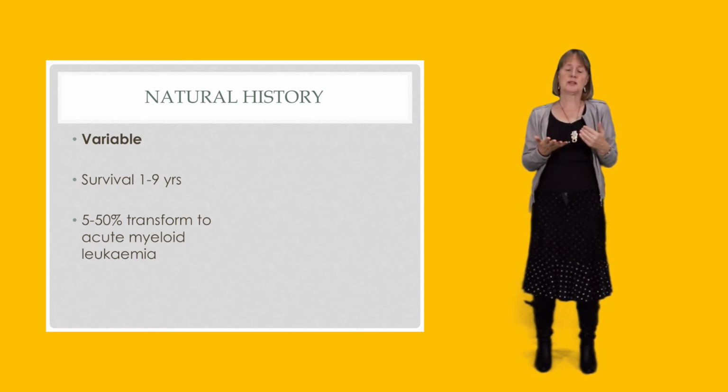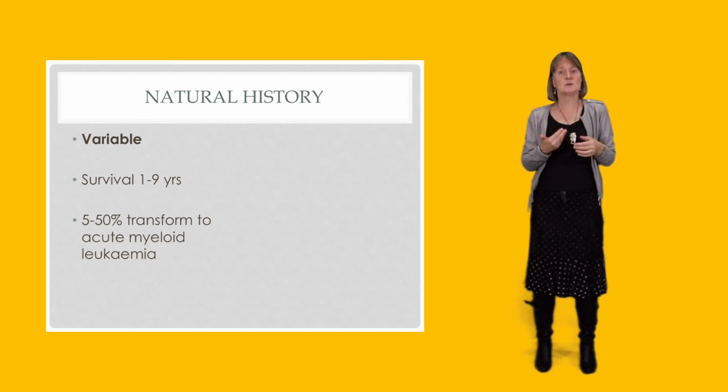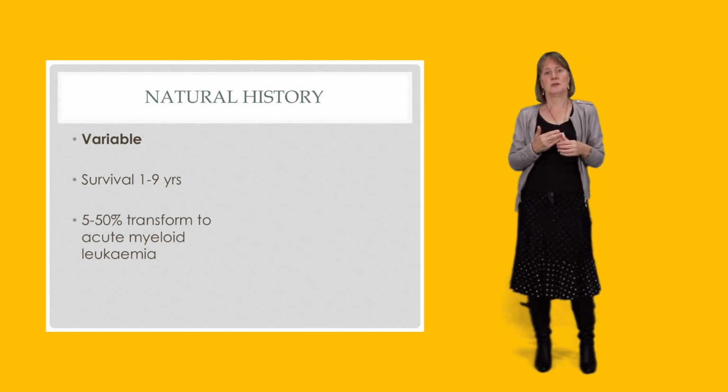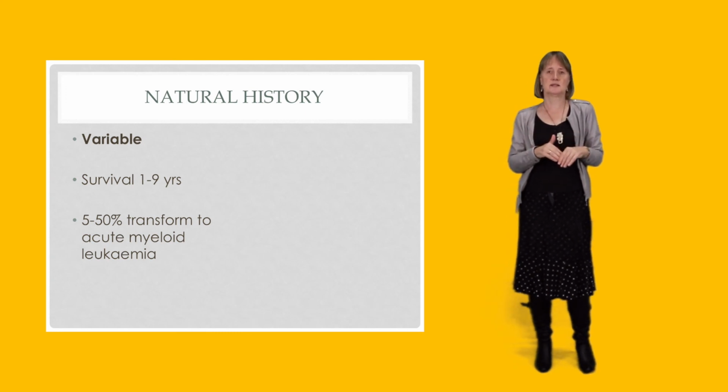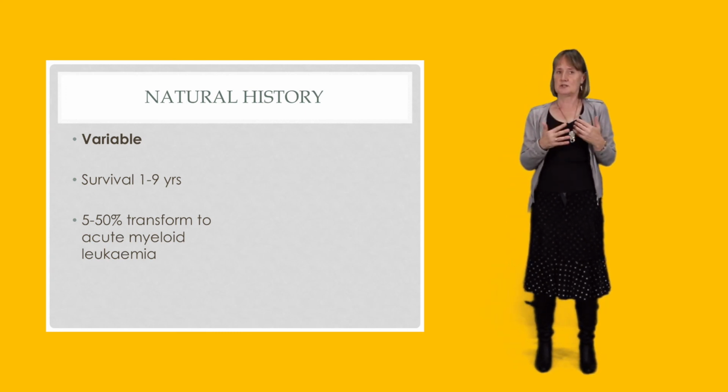There is another possible outcome in that myelodysplasia can transform into another hematological malignancy, an acute myeloid leukemia. And if this happens, the outlook is poor, because that type of leukemia, a transformed leukemia, is often very resistant to treatment.